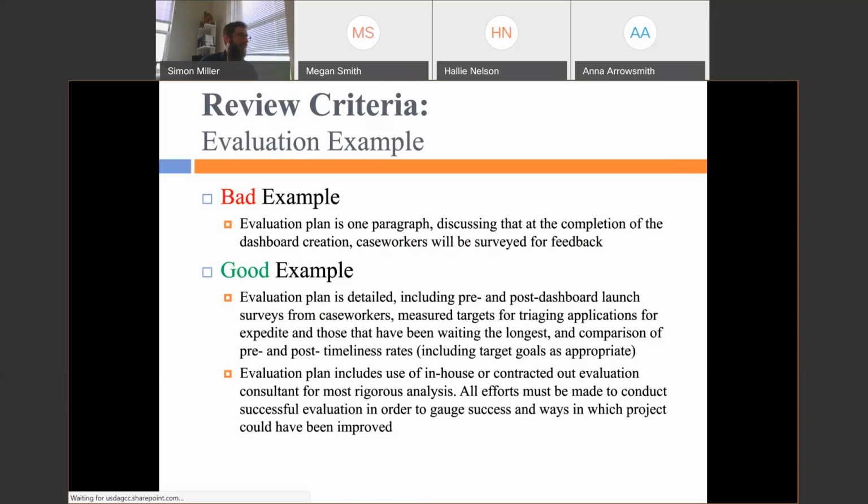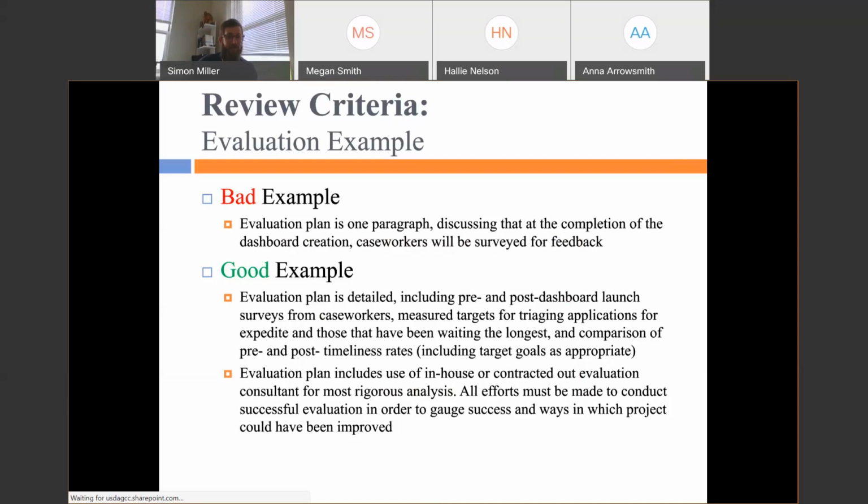In the good example, the evaluation plan is detailed. It includes pre and post dashboard launch surveys from caseworkers. It measures targets for triaging applications for expediting and those that have been waiting the longest. The evaluation plan includes use of an in-house or contracted out evaluation consultant for a most rigorous analysis.